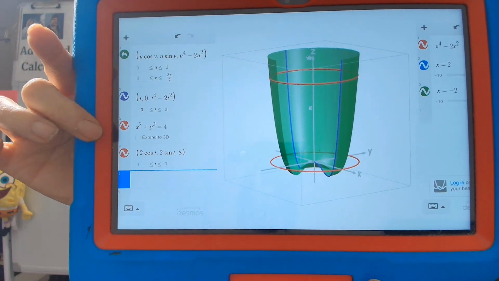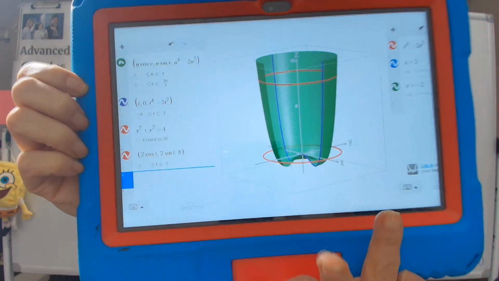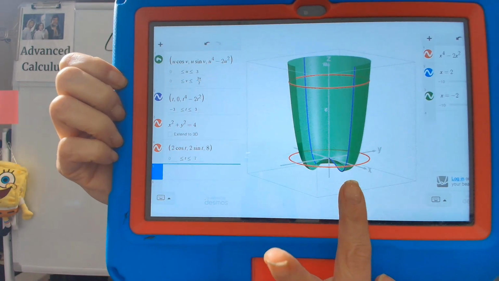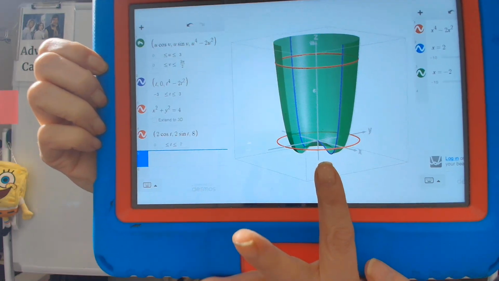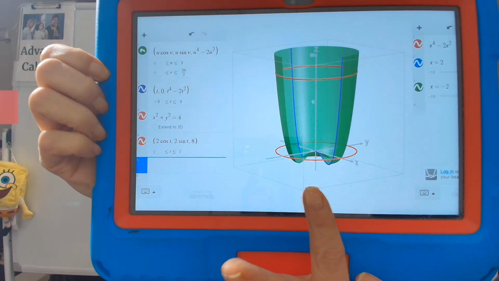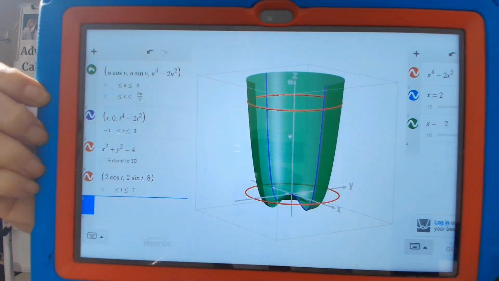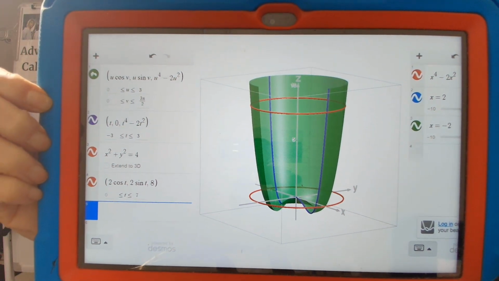Now, within that domain or region, you notice that the function has a minimum point that is all the way around at the bottom, and so on. Anyway, please explore this example yourself, okay?